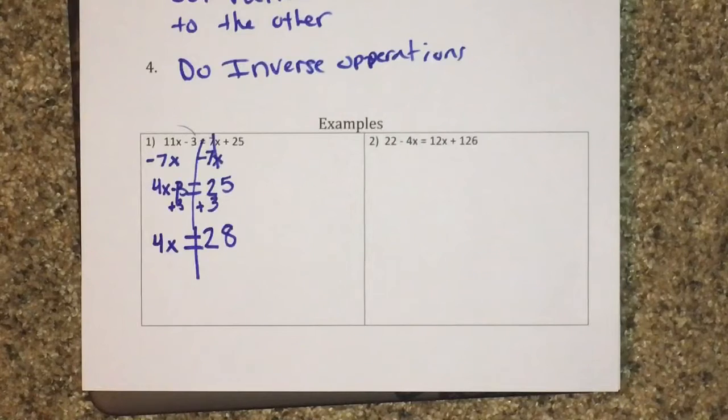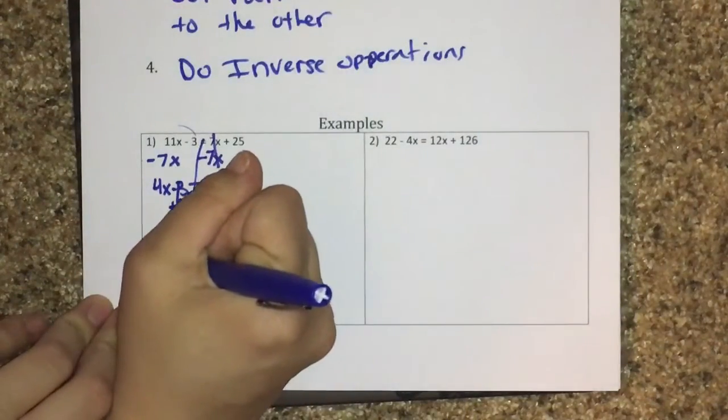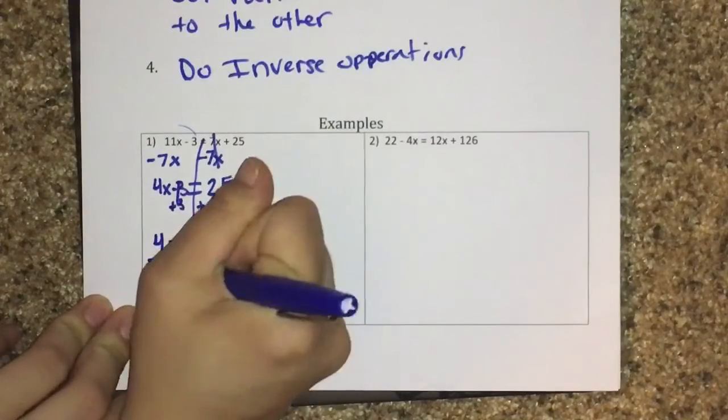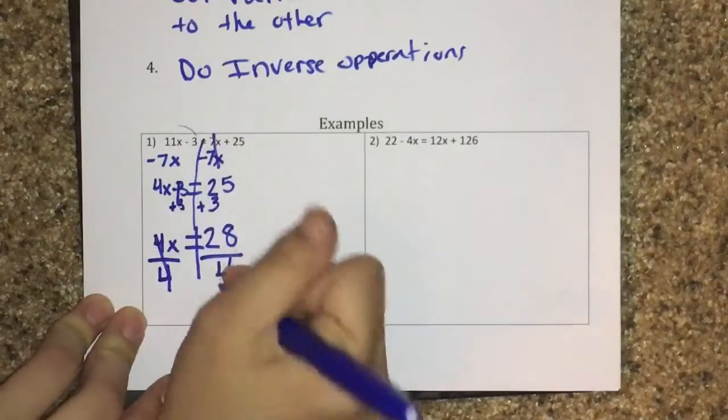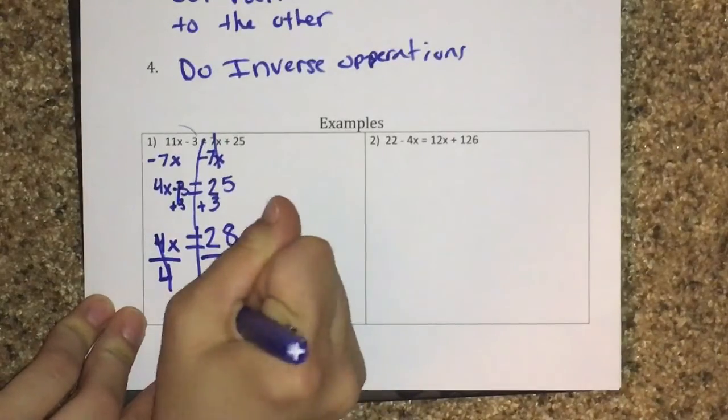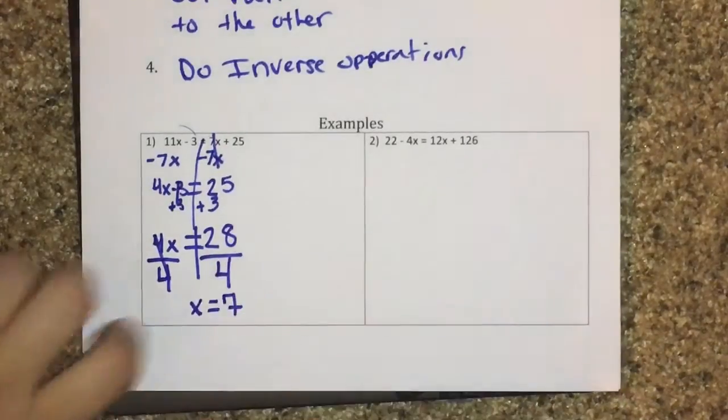Our last step is to do the inverse operation. It's 4 times x equals 28. So in order to get rid of the 4, instead of multiplying by 4, our inverse operation would be to divide by 4. Here we get x equals 7.